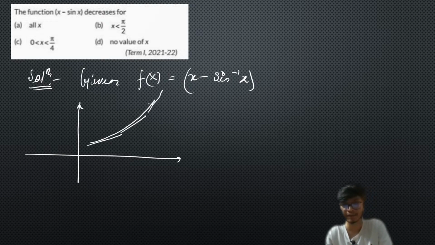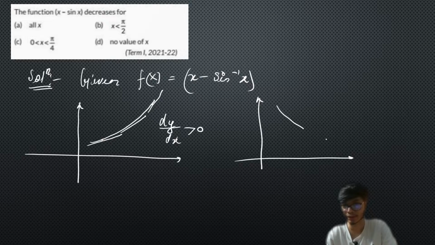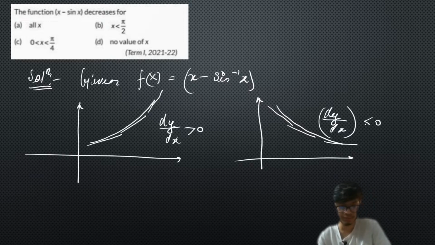For an increasing function, dy by dx should be greater than 0. Similarly, for a decreasing function, if you find the derivative at each point, the slope, dy by dx, is going to be negative. That tells us whether it's an increasing or a decreasing function.